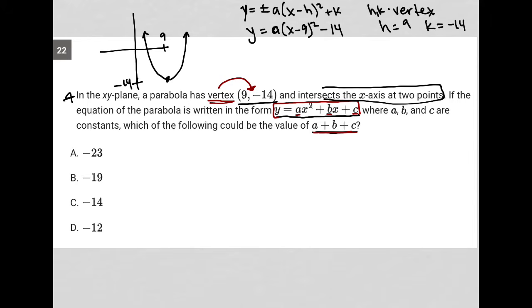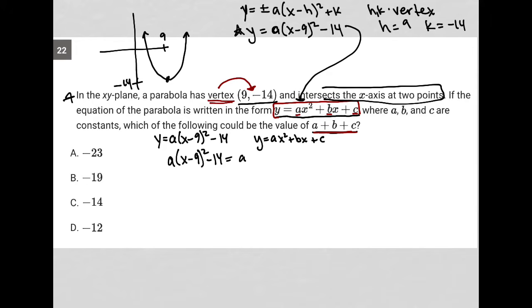Okay. So I think from here, the idea is to convert this format of the parabola equation into this format of the parabola equation. So I'm going to write that here. Again, I have y equals a (x minus 9) squared minus 14, and I have y equals ax squared plus bx plus c, which means that a(x minus 9) squared minus 14 equals ax squared plus bx plus c, right?